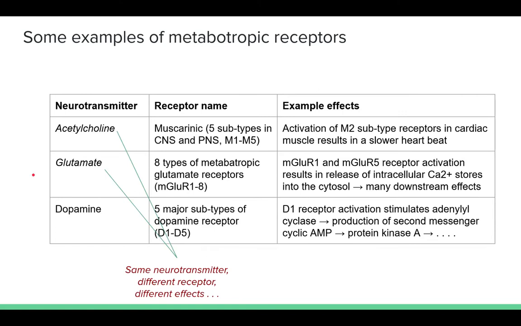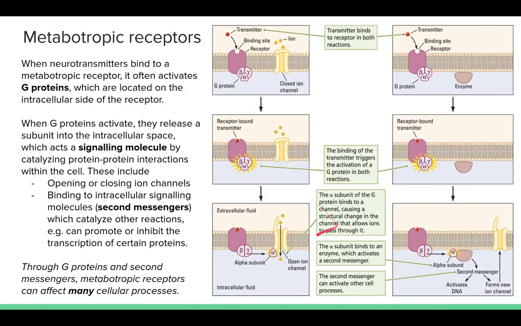Now, looking at acetylcholine, its metabotropic receptors are called muscarinic subtype receptors. In both the central and peripheral nervous system, there are 5 different kinds of muscarinic receptors, and each one is going to have subtly different effects through different kinds of second messenger actions in the manner that I just described.